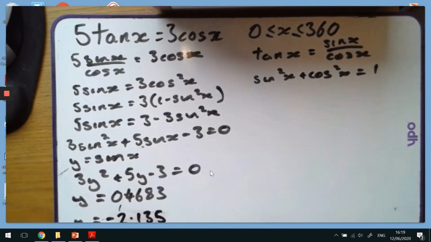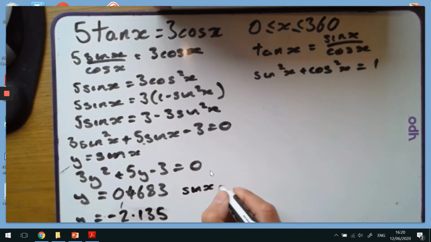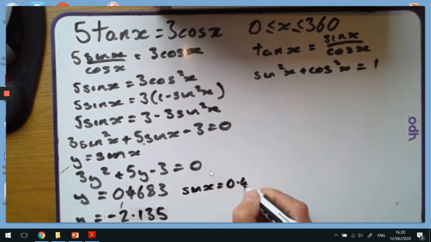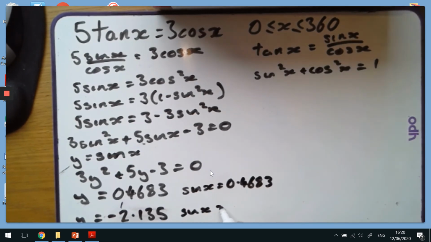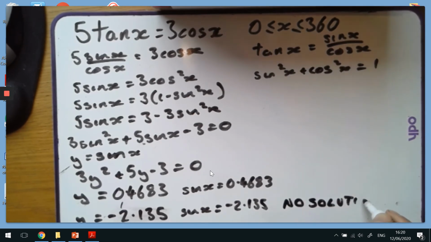Okay, so I've got sine of x equals 0.4683. I've got sine of x equals minus 2.135. Can we see this one's not going to give us any solutions because sine of x only goes between minus 1 and 1. So we need to explicitly write no solutions there. Always state it, they must be clearly rejected.